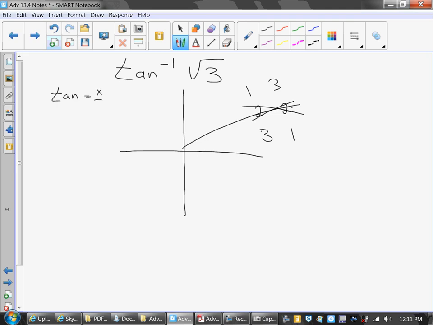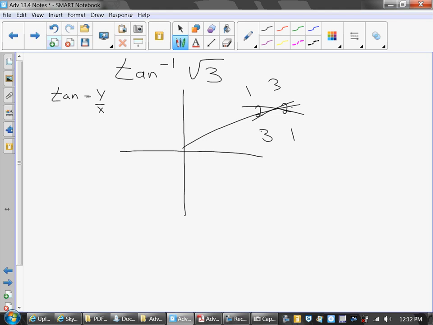Tangent is y over x. Which means I have to figure out which one of these ordered pairs, when I take y divided by x, will I get root 3. Well, to get just root 3 in the numerator, if I look at the 60 degree, I have root 3 over 2 divided by a half. Do you see that?